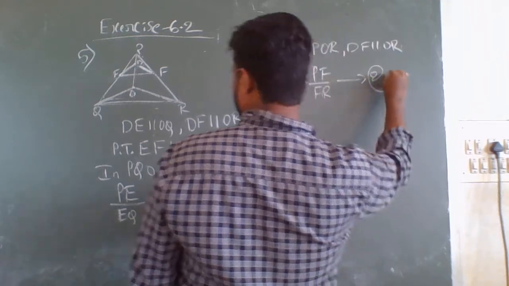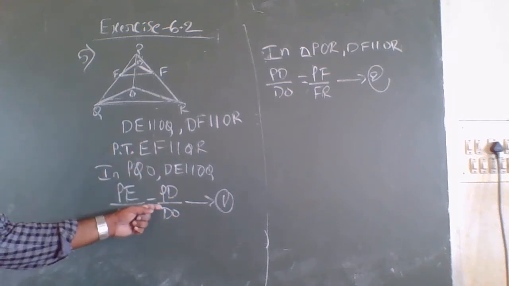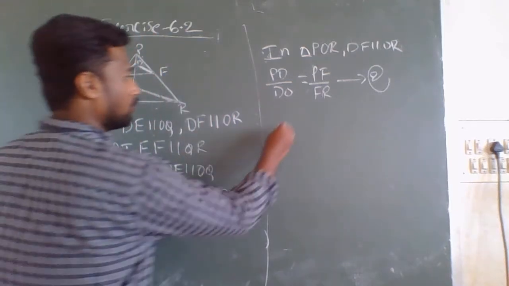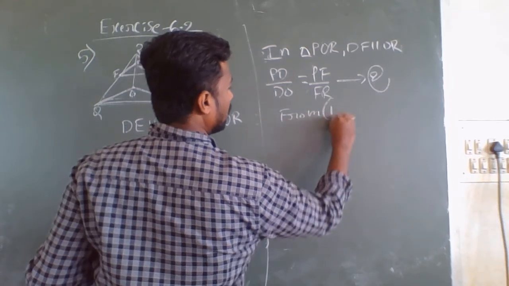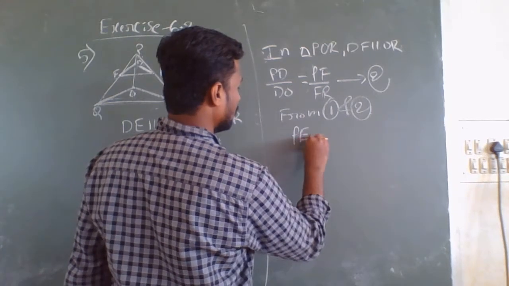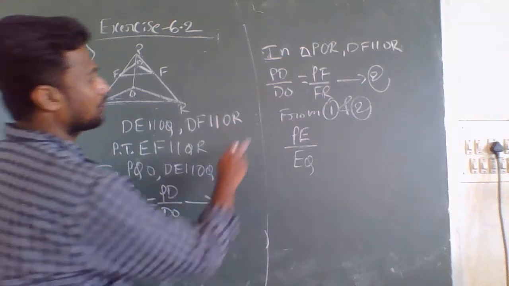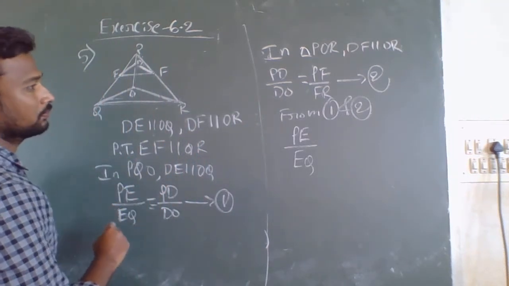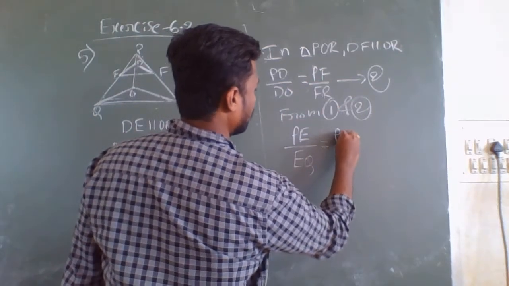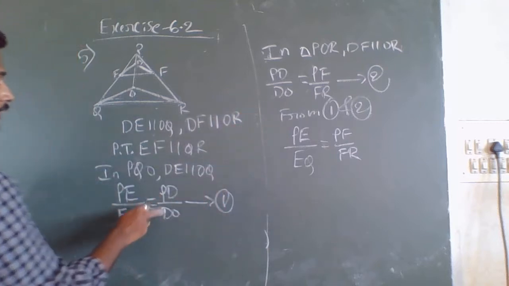Now I will consider this as 2. From 1 and 2, here also it is PD by DO, here also it is PD by DO. What can we write?